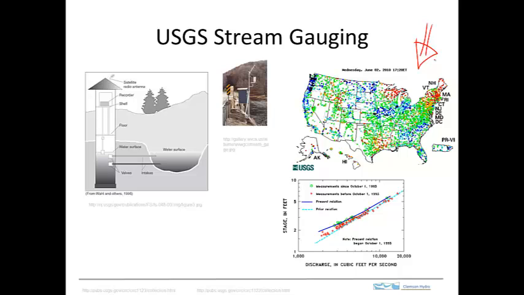The way these gauging stations work is that there's instrumentation set up to measure the stage of the stream. The stage is the water level, and as it turns out, we want to know what the flow is, but it's fairly tricky to measure the flow with instrumentation, but it's pretty easy to measure the stage.